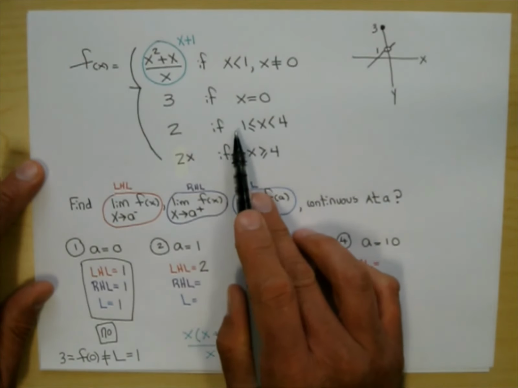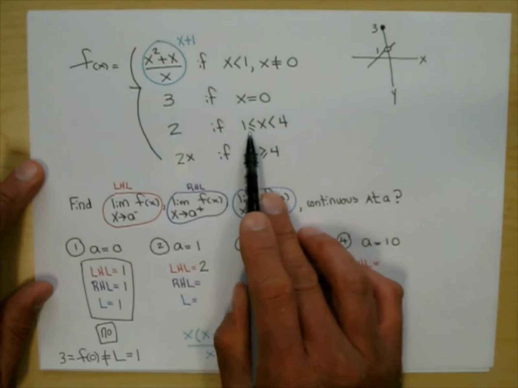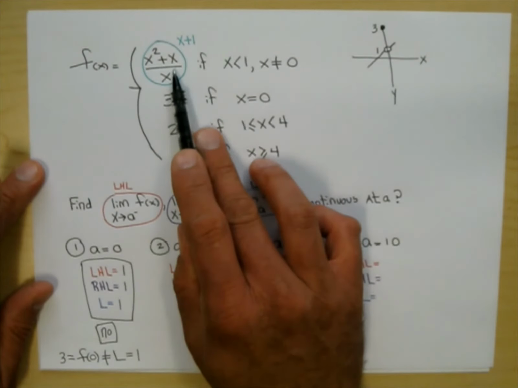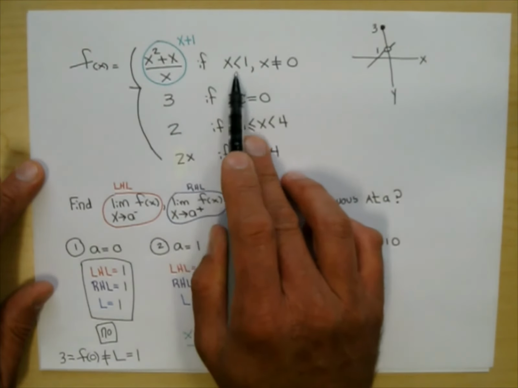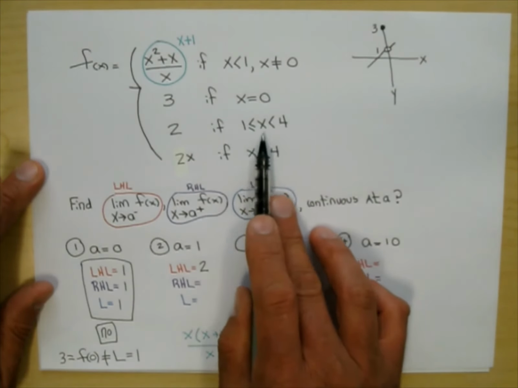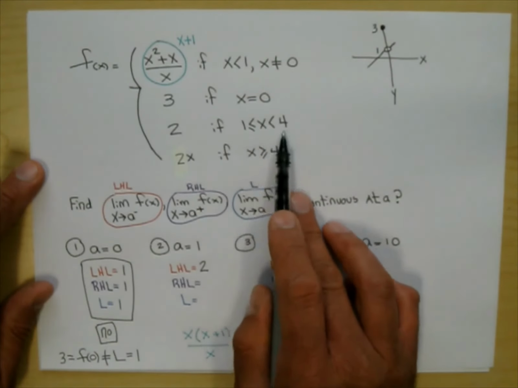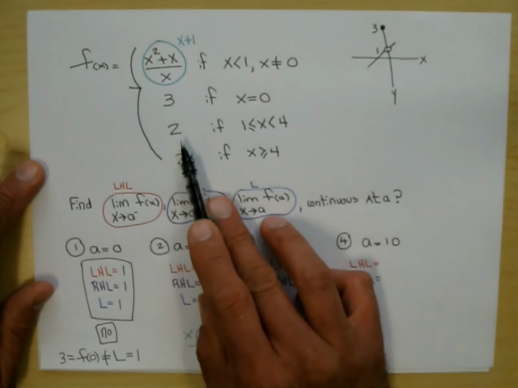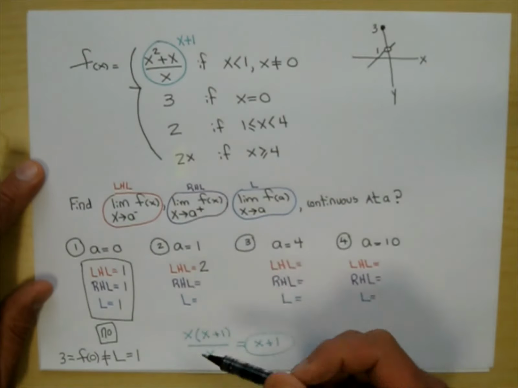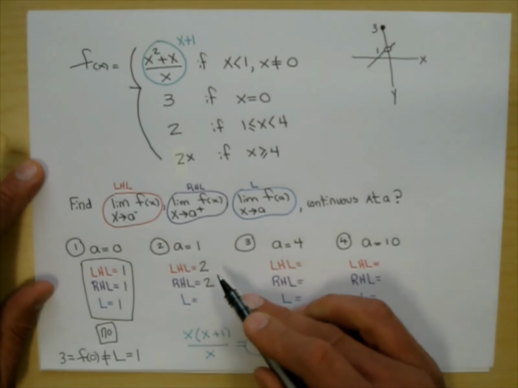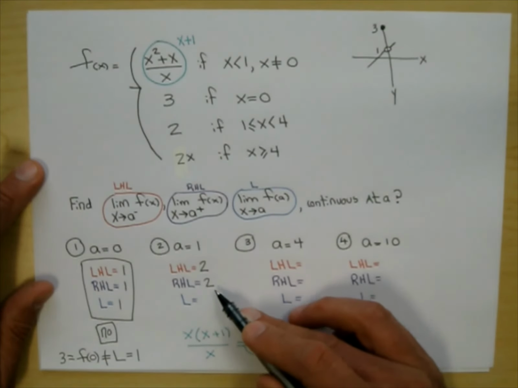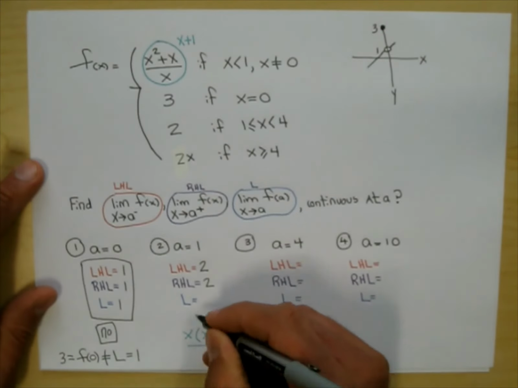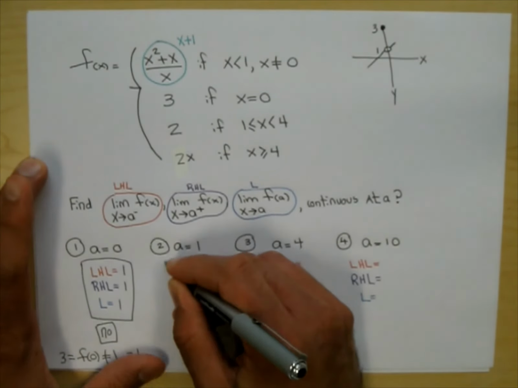Now the right-hand limit, I'm going to plug 1 into this. This is just a constant 2. So I get 2. Look at the left-hand limit and the right-hand limit. They are both 2. Therefore, the regular limit is also 2.